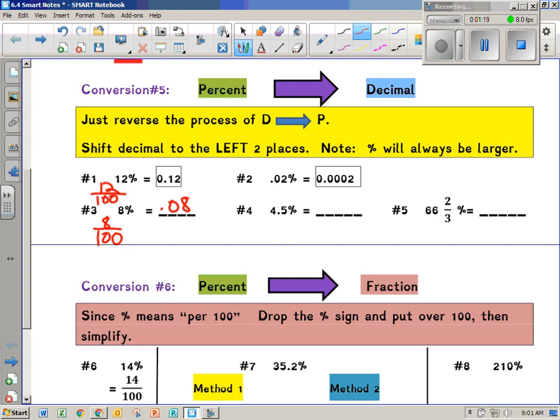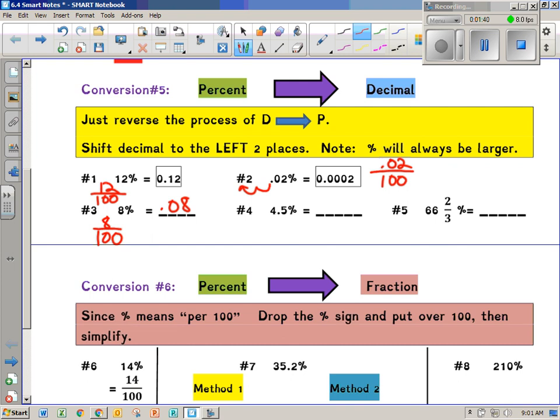So see, this one, it would be easiest just to think of it as shifting it 2 places, because this one would be 0.02 if you wrote it like this. And that's still kind of confusing to view.